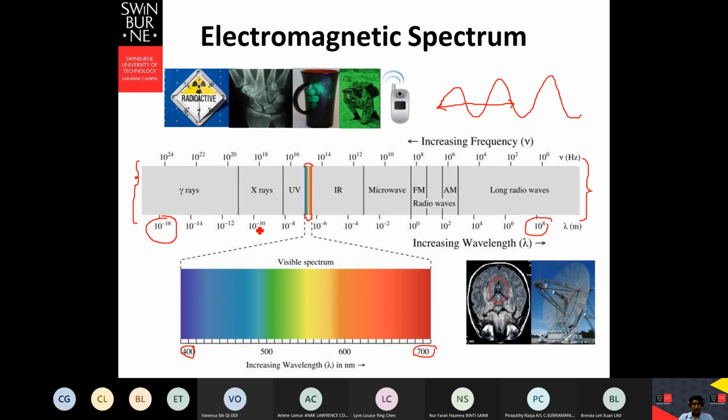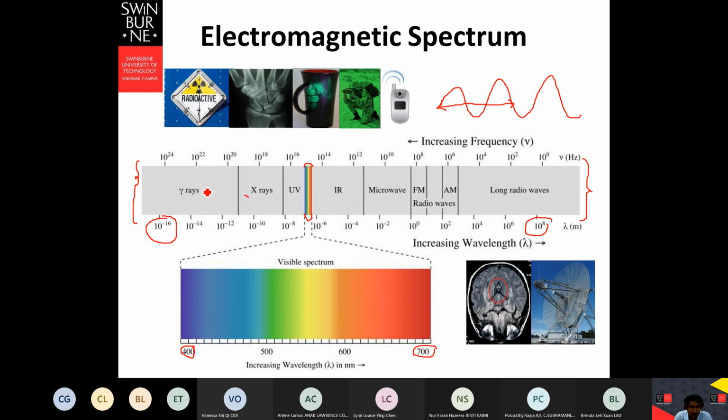Now, using this light or electromagnetic spectrum, we can use it for many other purposes. Not only for looking at or seeing an object, but also for experiments, and also for medical purposes.